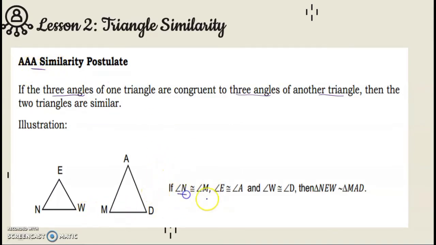So, angle N is congruent to angle M. And then angle E is congruent to angle A. And then angle W is congruent to angle D. So, kapag parehas yung tatlong angle nung dalawang triangle, they are similar according to AAA similarity postulate.